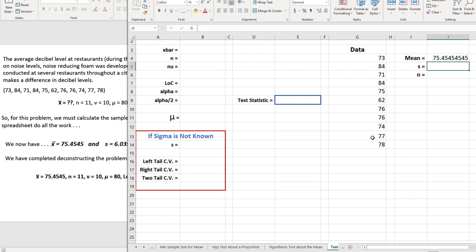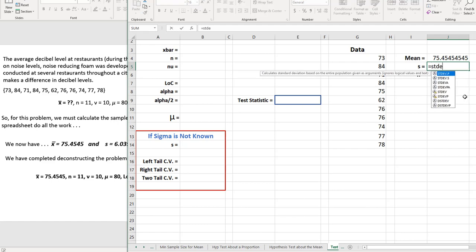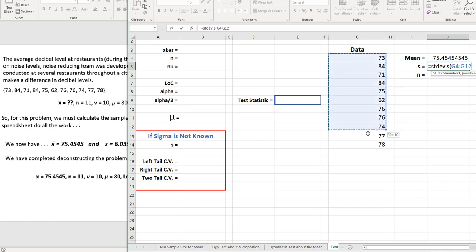75.454545. s, that's the sample standard deviation, and hopefully you remember from way back, equals STDEV.S, and open parenthesis, we're going to grab the first one and go down to the last value, close our parenthesis, and press enter.